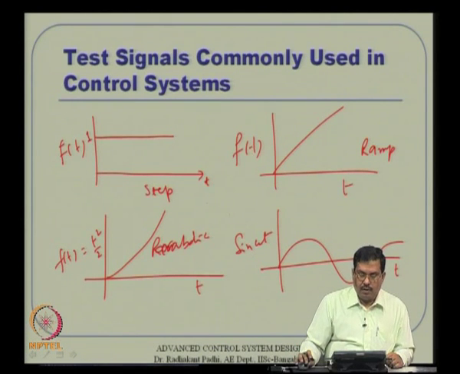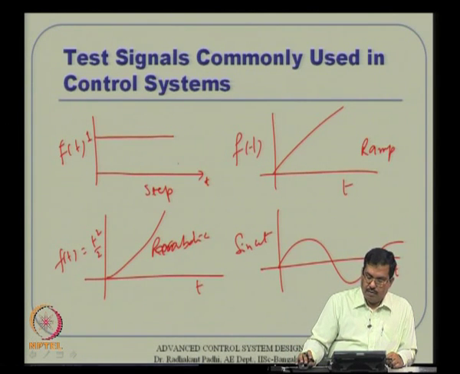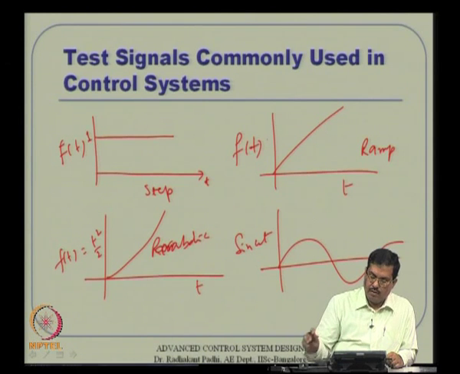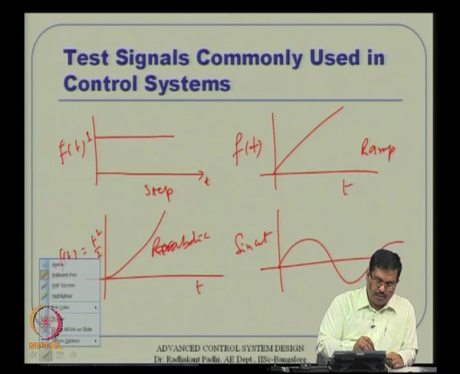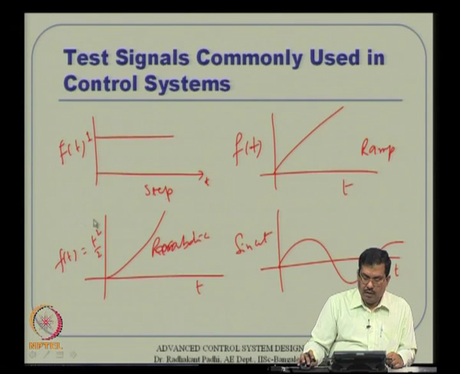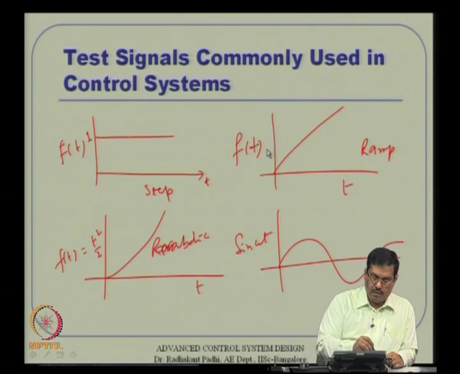The reasons for choosing these functions are like this. Suppose you have any continuous function, then we can have a Taylor series expansion, where the constant function pops up first, and then there is a ramp input, that is t.